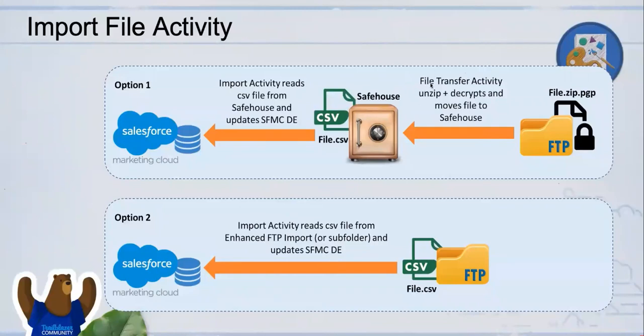Then you don't need to use the file transfer option. So depending on your requirement, your use case, whether there is a requirement to zip, unzip, encrypt, decrypt the file, you need to decide whether to use file transfer plus import activity or option 2, import activity, wherein data from an FTP is imported directly into a Marketing Cloud data extension. Right, so this is import file activity.